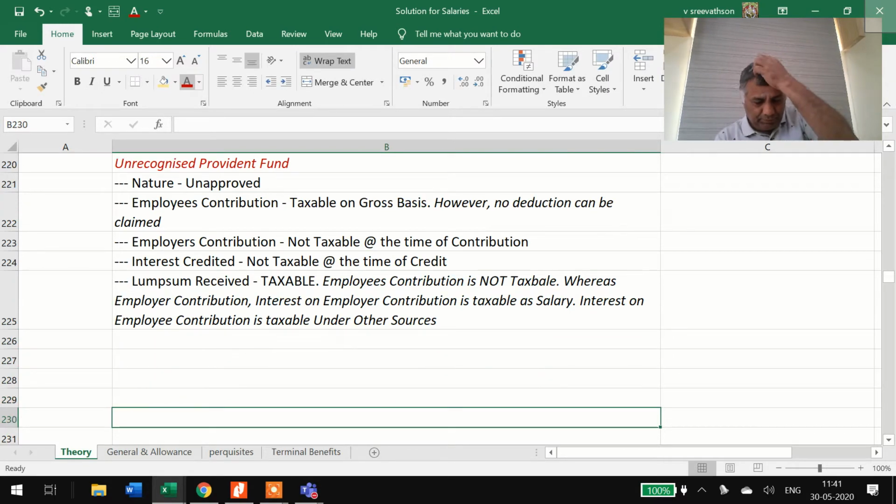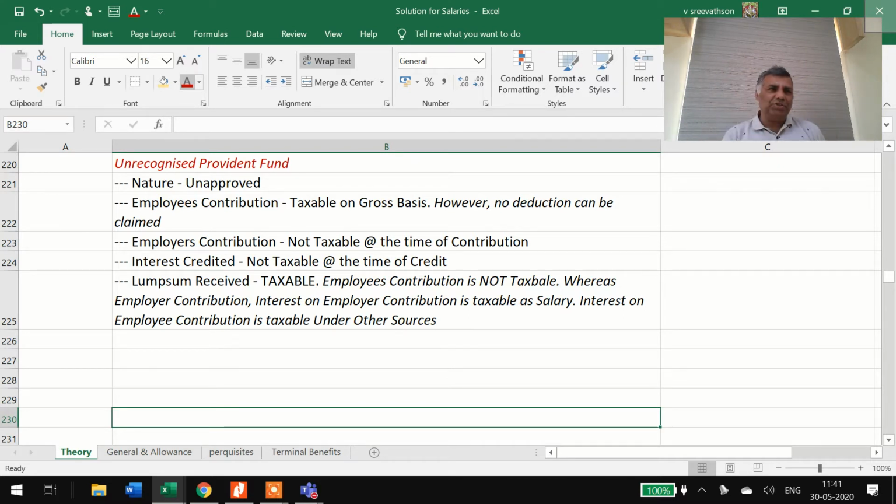Repeating, lump sum received in the case of URPF, unrecognized provident fund, is taxable, but the component split: employee's contribution you cannot tax, you have already taxed it. Employer contribution and interest on employer contribution is taxable as salary, whereas interest on employee contribution is taxable not under salary, but under some other head called other sources.